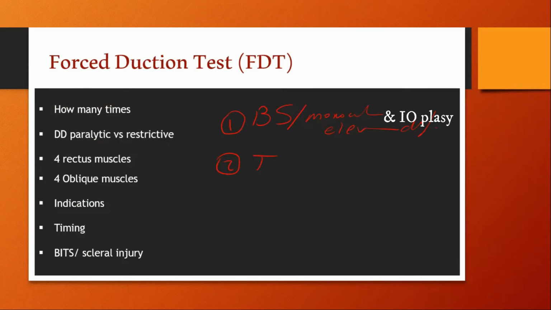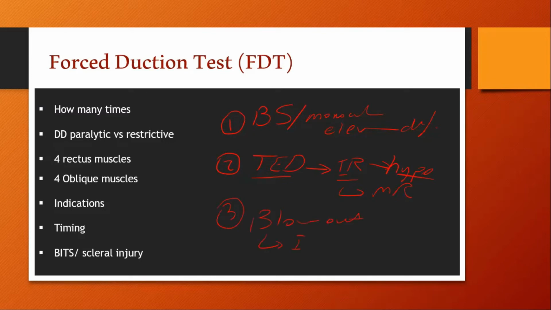In thyroid eye disease, the most commonly affected is the inferior rectus, followed by the medial rectus. So we have hypotropia. Blowout fracture, ma'am? Yes, excellent. So we have blowout fracture, mostly with inferior rectus restriction.